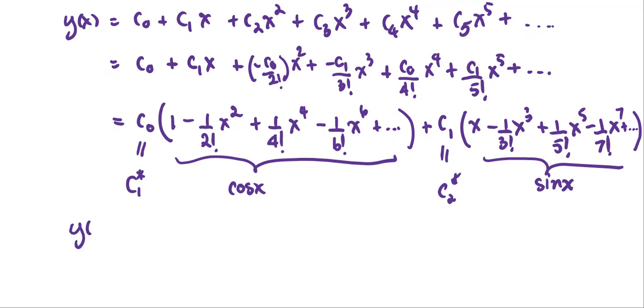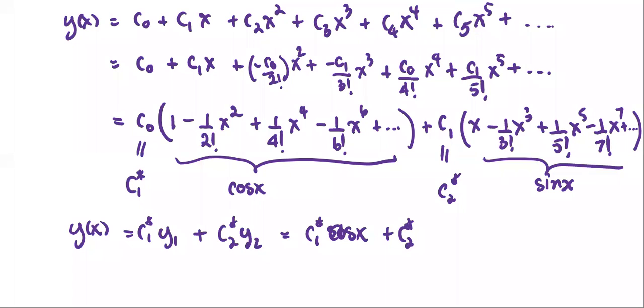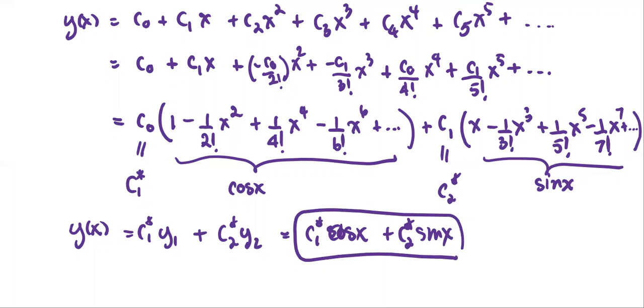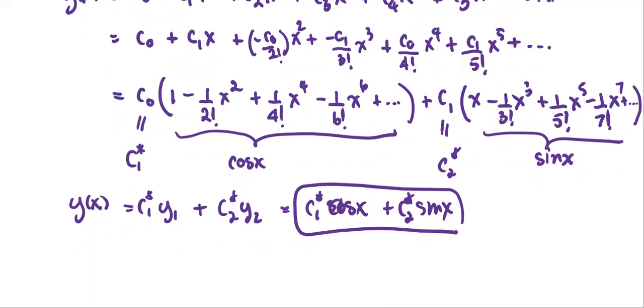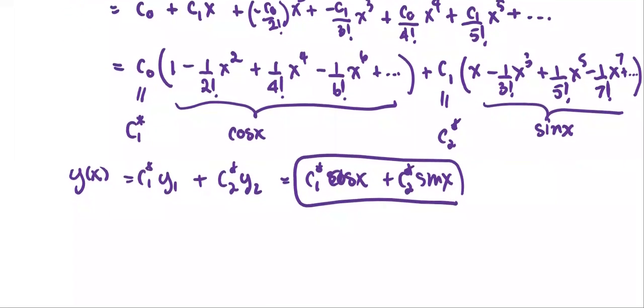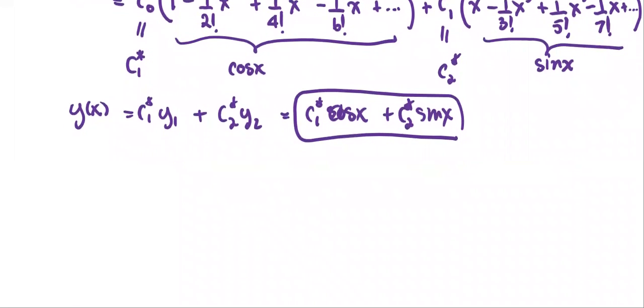So we see the solution as C1 star multiplied by y1 plus C2 star multiplied by y2, or in the form of C1 star multiplied by cosine x plus C2 star multiplied by sine x as the solution. This is the solution that we are familiar with.